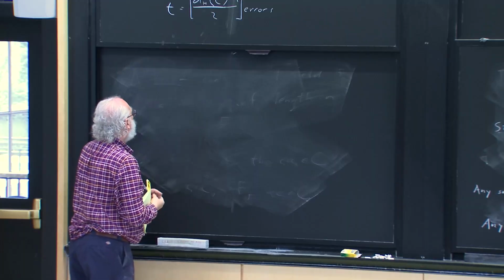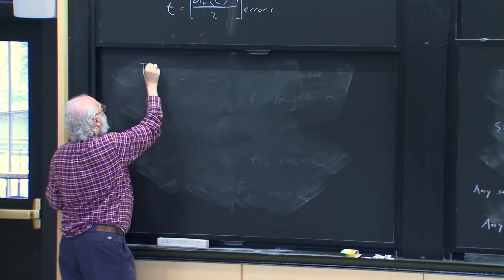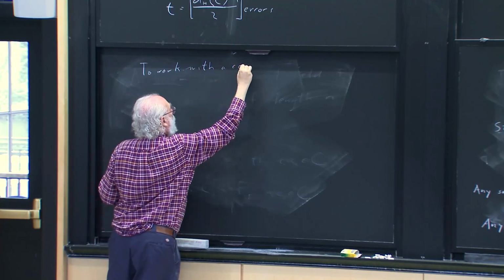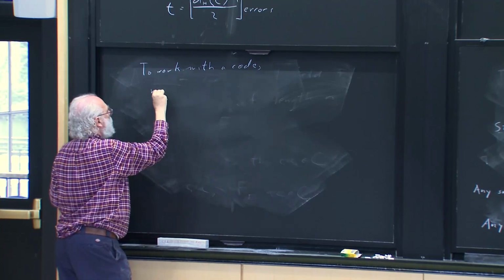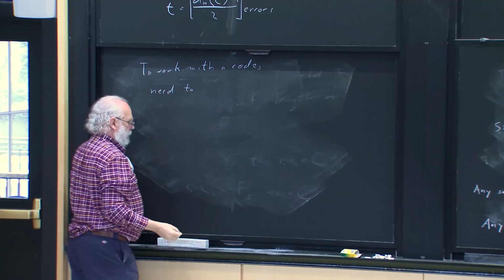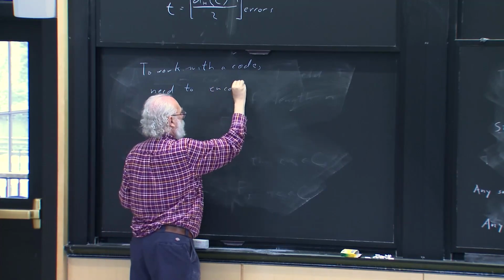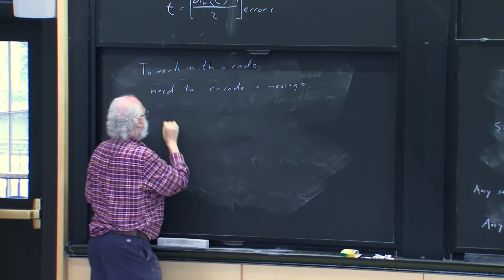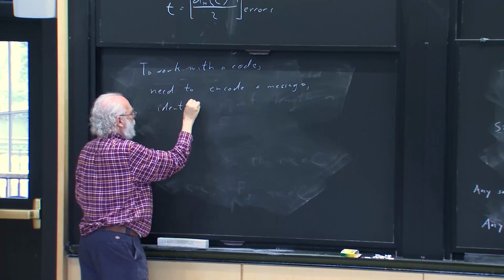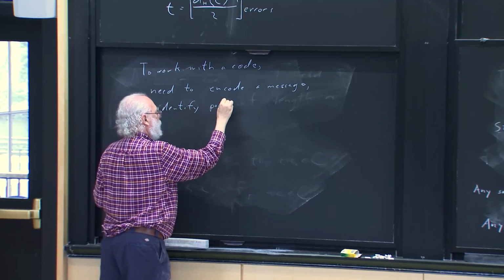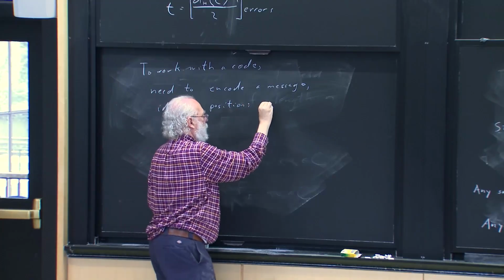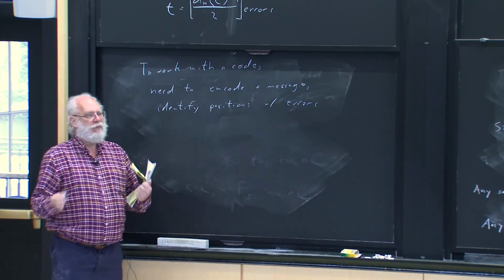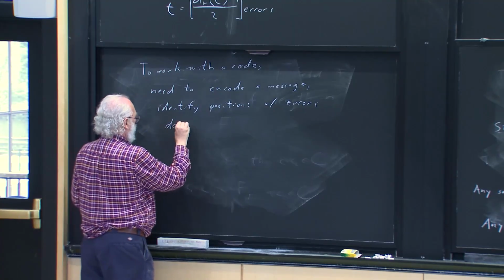Well, to work with a code, you need to encode a message, identify positions with errors, and once you've identified the positions with the errors, you can fix them and then decode.